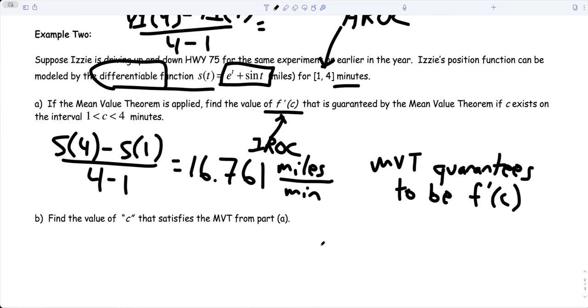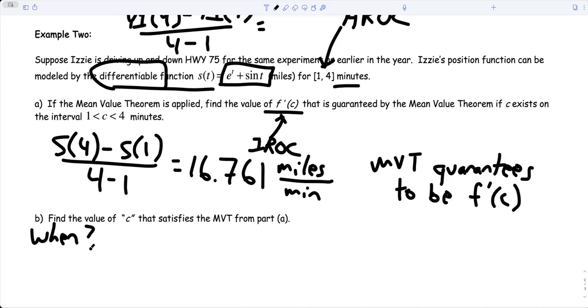But here, since we're dealing with time, they want to know at what time exactly is the instantaneous rate of change equal to the average rate of change. So to get the instantaneous rate of change, I've got to do what?